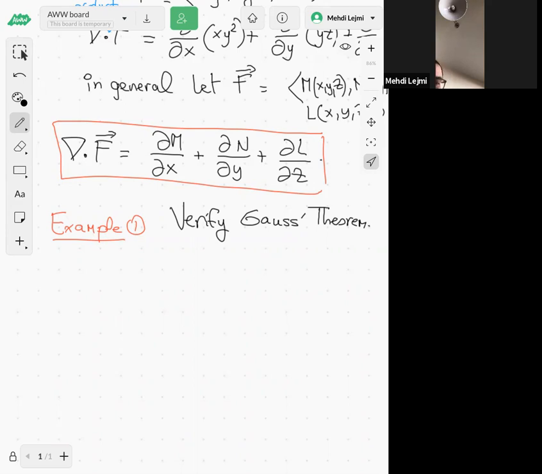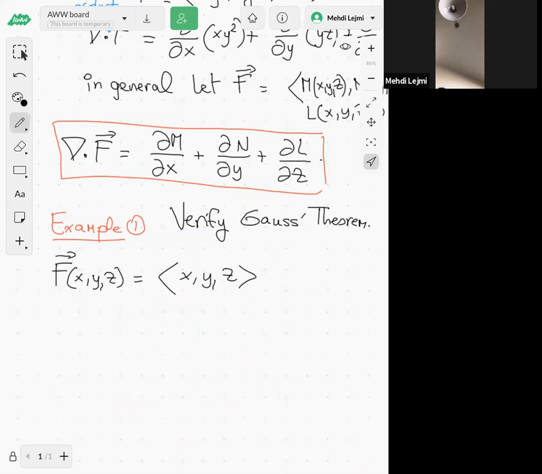I'm going to take a very simple vector field. F of x, y, z is going to be x, y, z. It's just given by x, y, z.